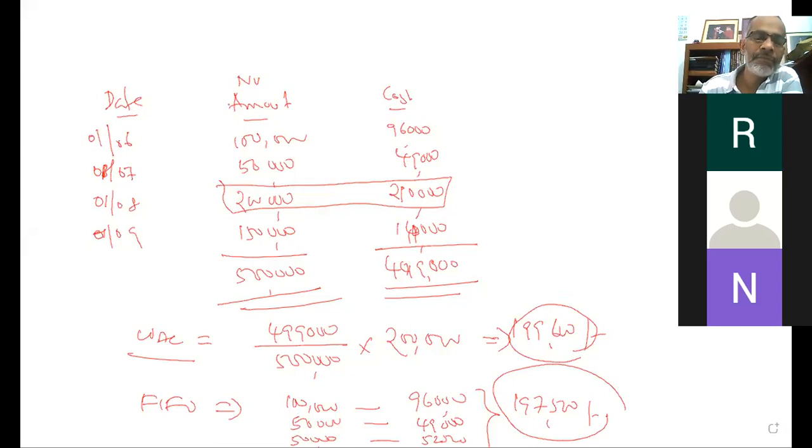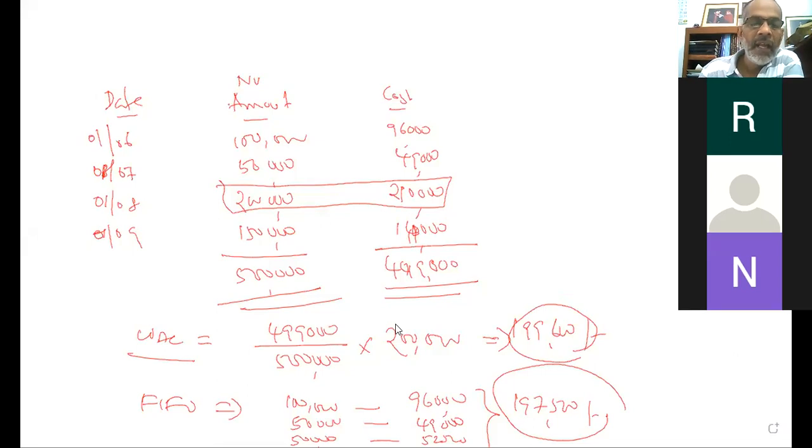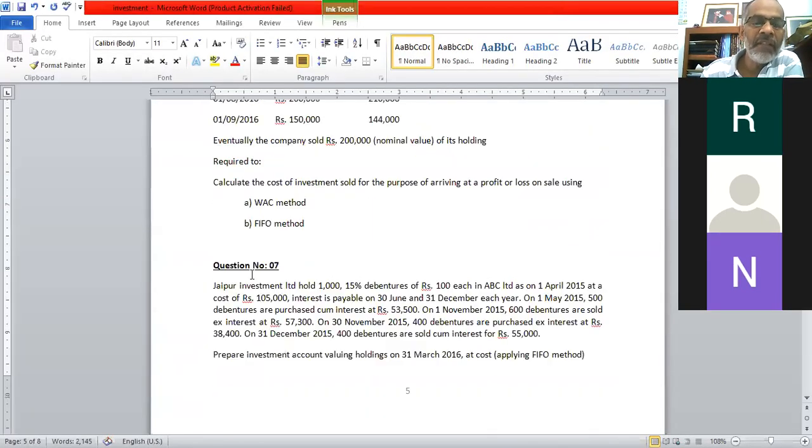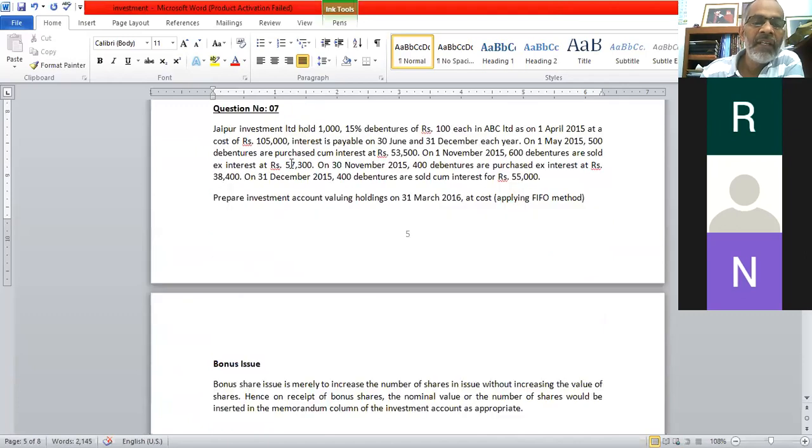Okay now? Alright. Look at here, question number 7. Jaipur Investment Limited holds 1,000 10% debentures of 100 rupees each in ABC Limited on 1st April 2015 at a cost of 1.5.